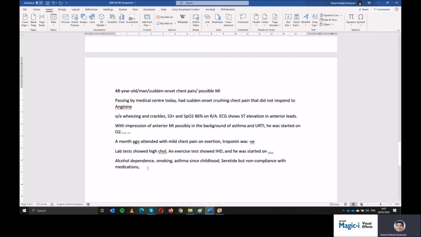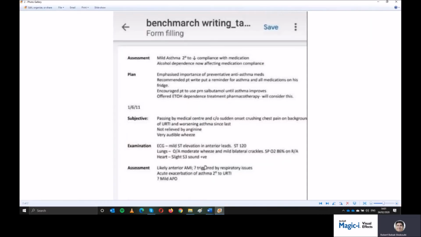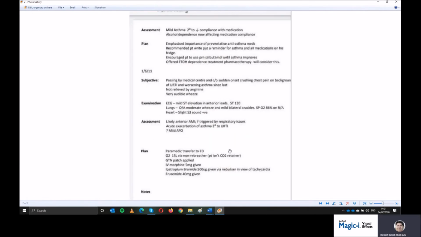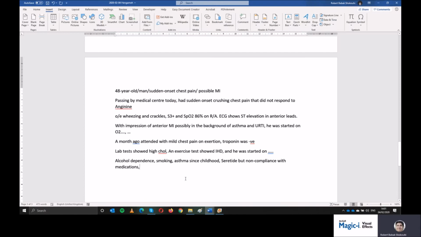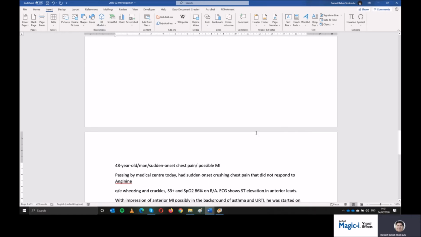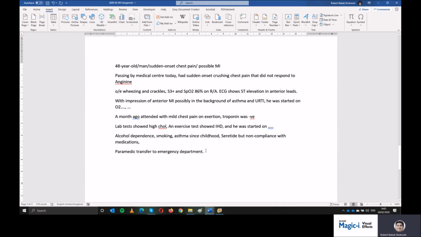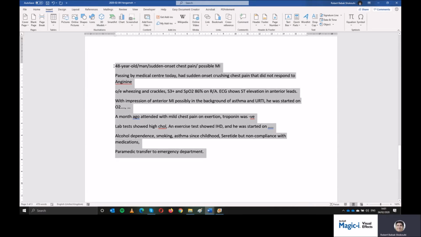No allergies, nothing else? No. Right. So now we have a better picture, and the paramedic transfer. So basically, we say paramedic transfer to emergency department. So what did I do here?